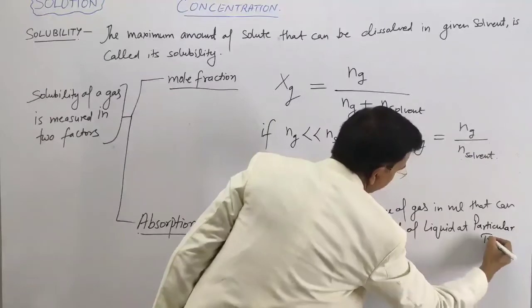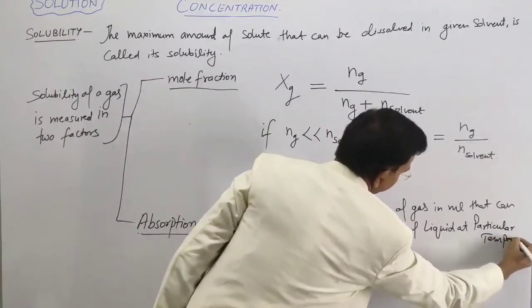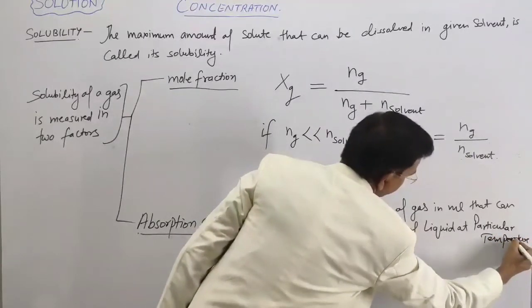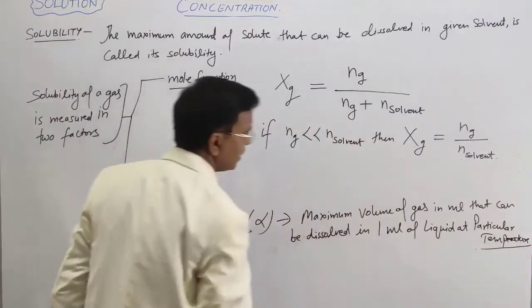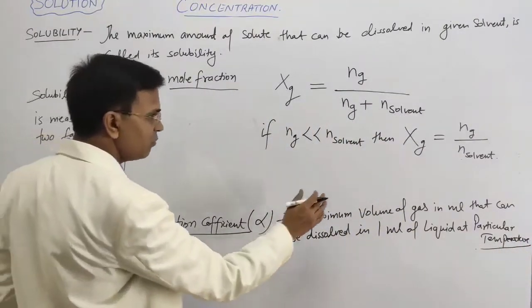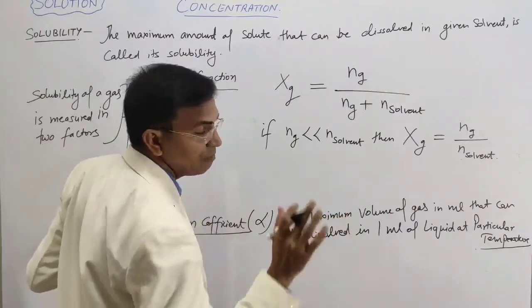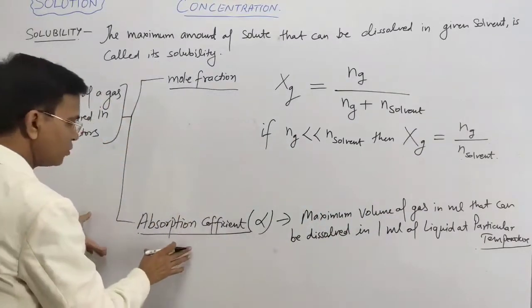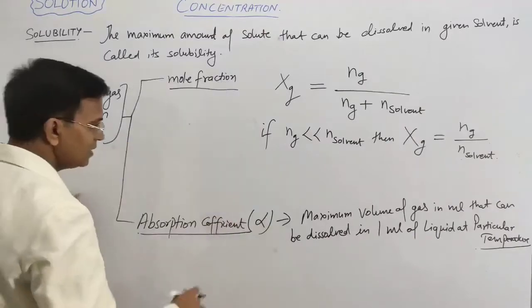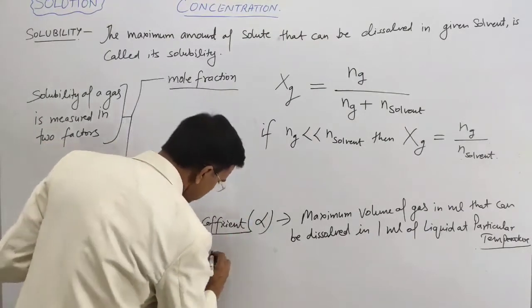Means temperature cannot vary. That is called the absorption coefficient, represented by alpha.